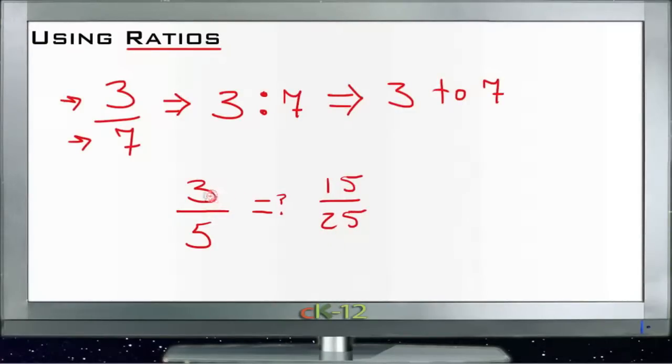We can see that since it takes 3 times 5 to get 15, and since 5 times 5 is 25, that 3/5 can be multiplied by 5 to get 15/25, which tells us that this is an equivalent ratio.